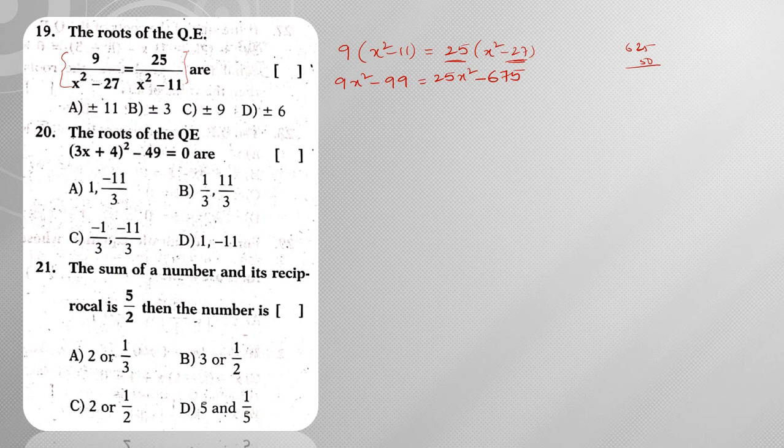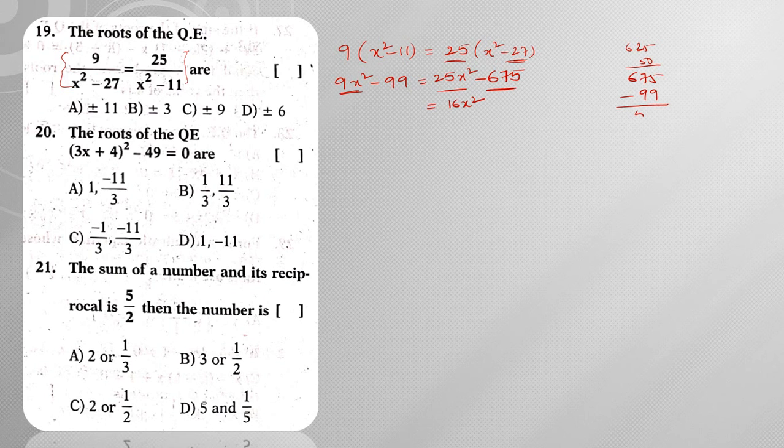Now based on this, when I subtract, 25 minus 9 is 16x square, and this minus 675, if I transpose to the left hand side, then minus 675 will become plus 675, so I need to subtract 99.